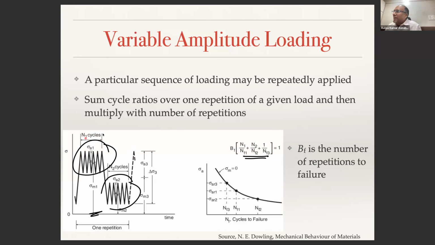That means there are n1 cycles of sigma A1 and n2 cycles of sigma A2. So from here to here it will go, and again it will start going here. Here you have some value, from here to here it went up, and at that level you have sigma A1 corresponding to some mean stress, like we have discussed.